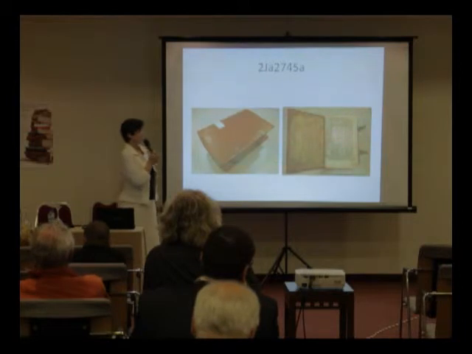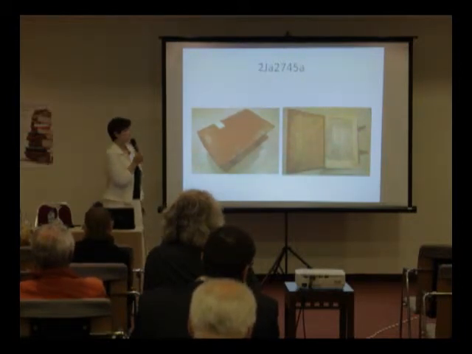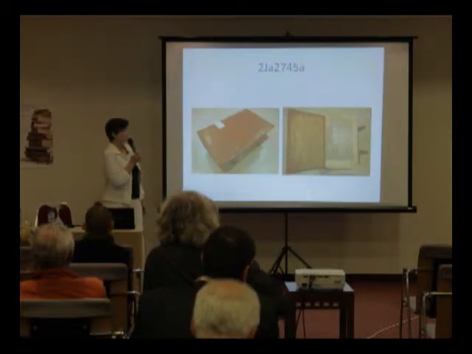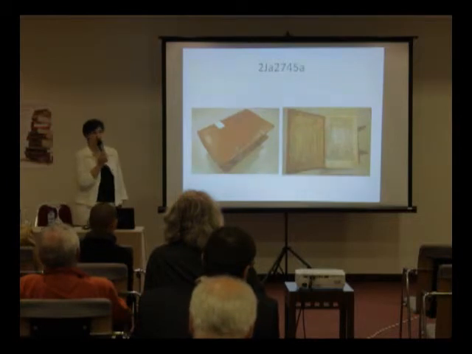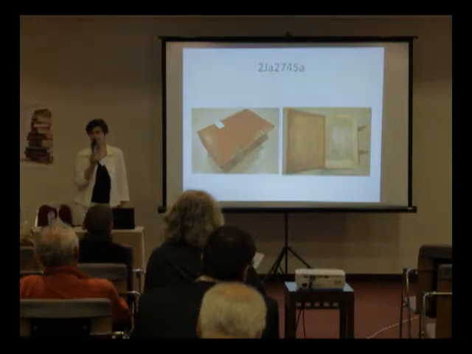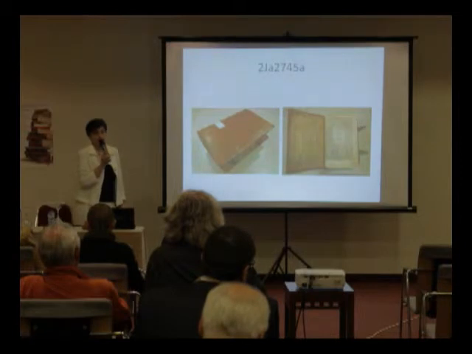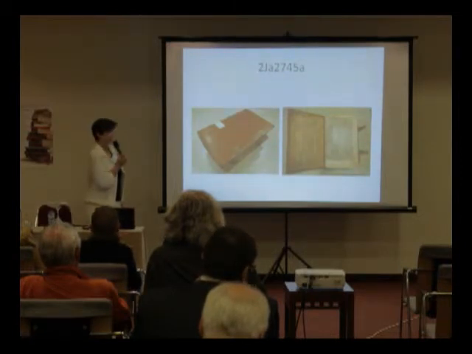This is a different example. It might not be what we would do today, but it was bound or restored in the 1950s, when the discussion about standards and ethics in conservation was going on, and was then summarized in the Charter of Venice.